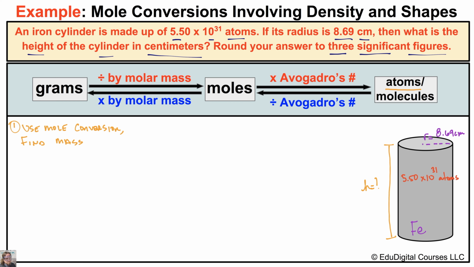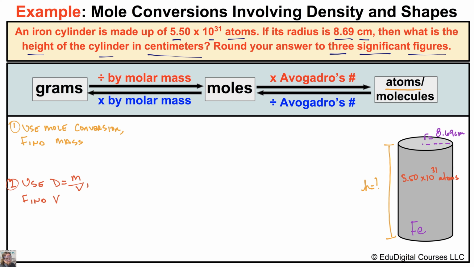Once we're done figuring out the mass, in step 2, we are going to have to use our density formula and solve for the volume, or find the volume of the cylinder.